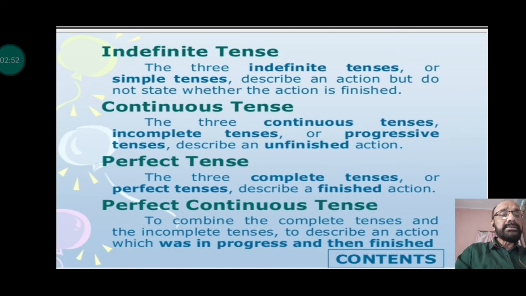The three perfect tenses or complete tenses describe a finished action. And perfect continuous tenses combine the complete and incomplete tenses to describe an action which was in progress and then finished. You see, a combination of both, continuous as well as finished.